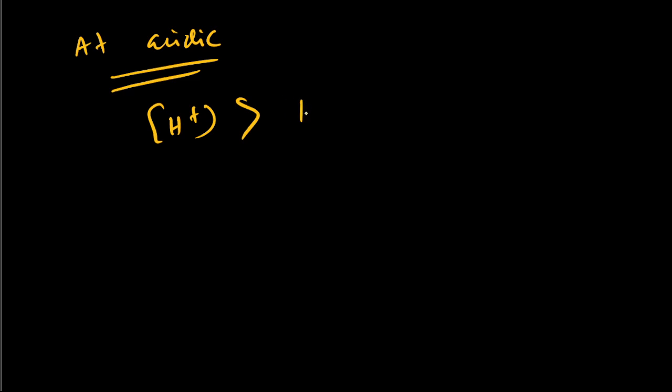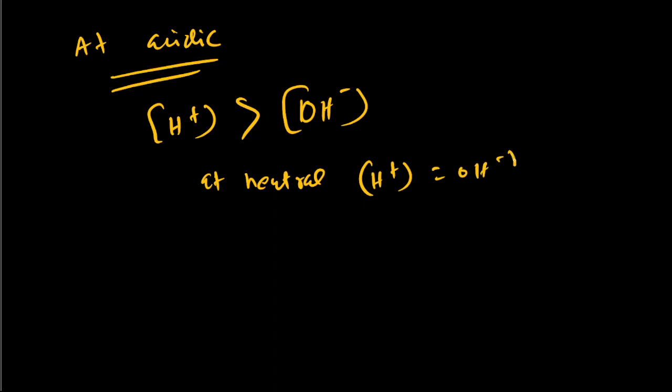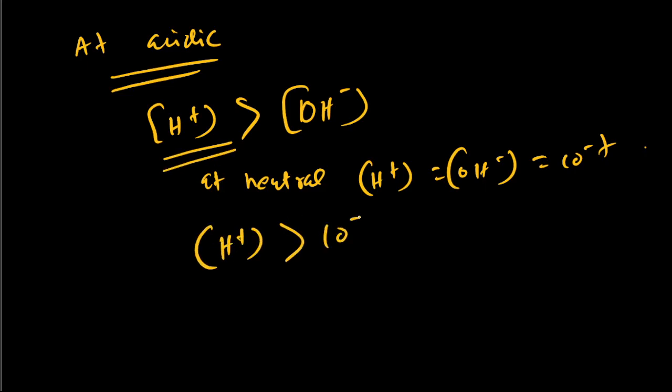And similarly at acidic, H plus concentration is more than OH minus concentration. And at neutral, we know that H plus or OH minus equals 10 raised to minus 7. So at acidic, since H plus concentration is more, H plus concentration is more than 10 raised to minus 7.